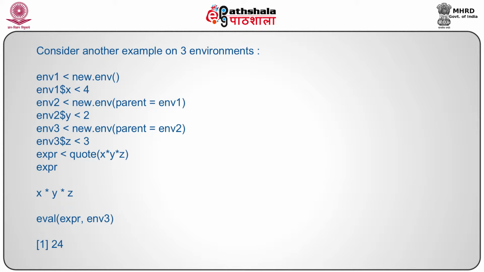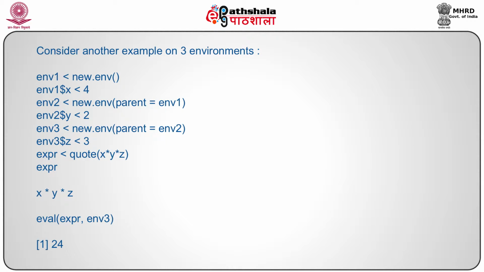Now, if we want to evaluate the expression x into y into z, then we need to write the expression and insert it within the eval function. Now, the question is why environment 3? Because environment 3 is encapsulated within the other environments. So, it contains all the values of x, y, and z.